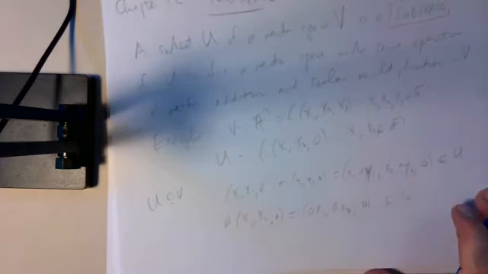So the set U is closed under vector addition. And if we take a scalar a times a vector in U, we get a x1, a x2, and the third coordinate is still 0. So this is in U. So this set U is closed under vector addition and scalar multiplication. And you can check all the properties are satisfied.